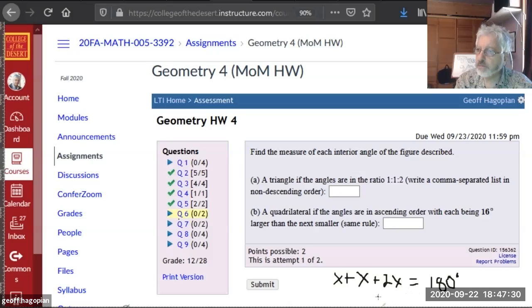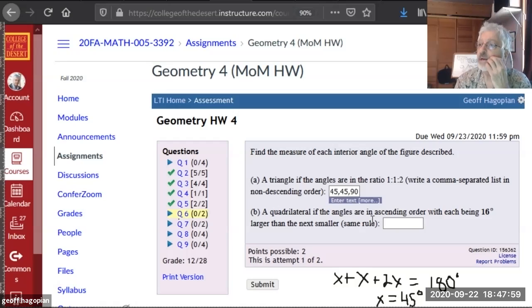That means that X is 45. Right, that's an isosceles right triangle. Right, so 45, 45, 90. Commas in non-descending order. That means the numbers don't get smaller, which is fine if we do it that way, right?